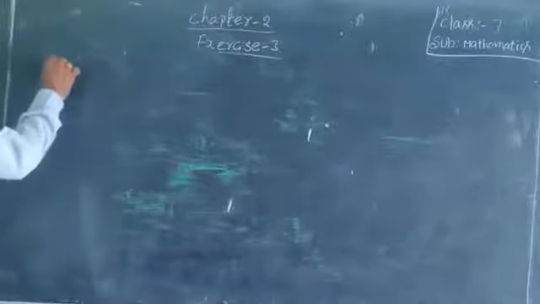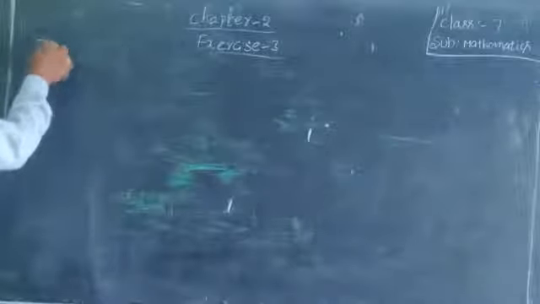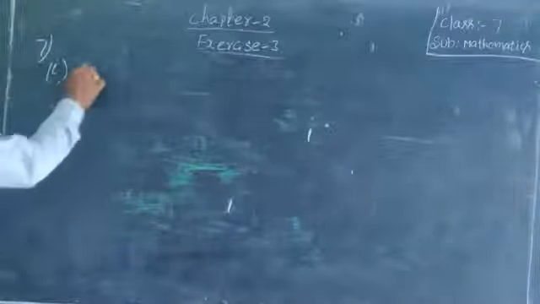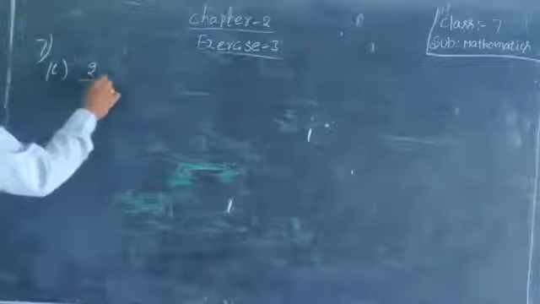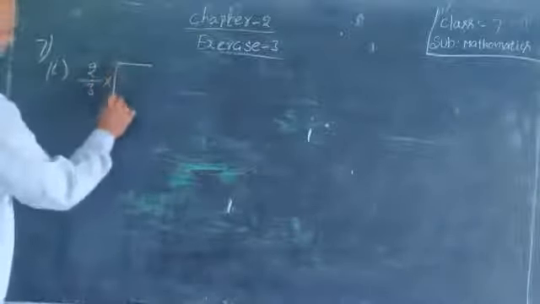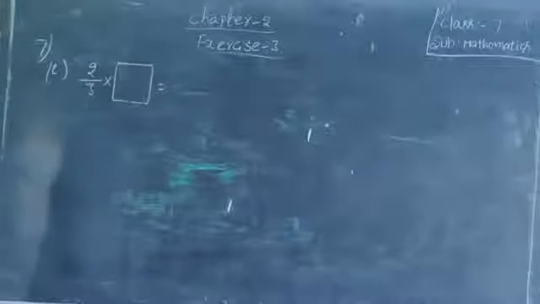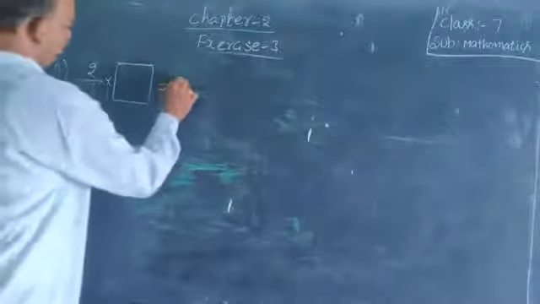Seventh sum. First one, 2 by 3 into box is equal to 20 by 21.